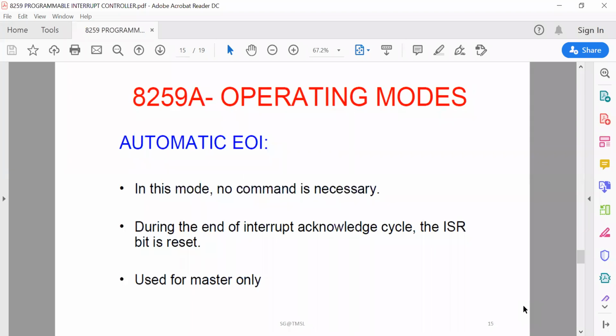So basically it will be used only when a nested multi-level interrupt structure is not required with a single 8259 IC. That's all. So it is used for the master purpose only, this automatic EOI command. So these are the different operating modes.